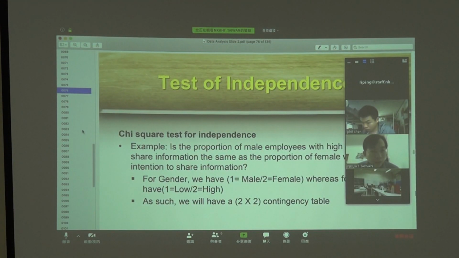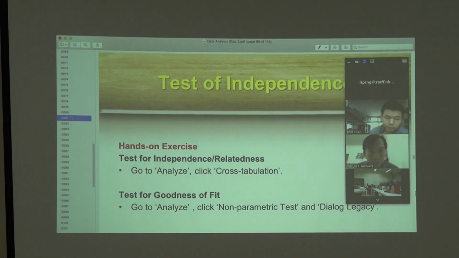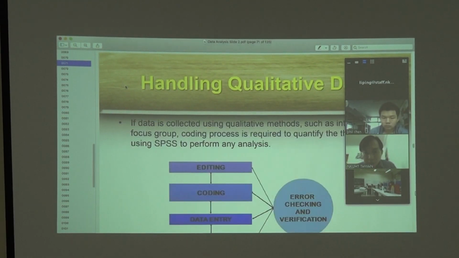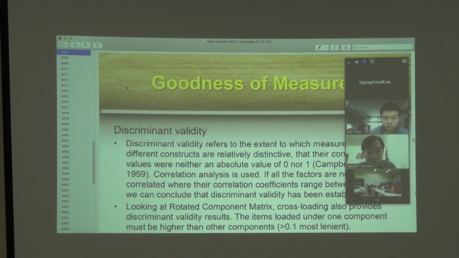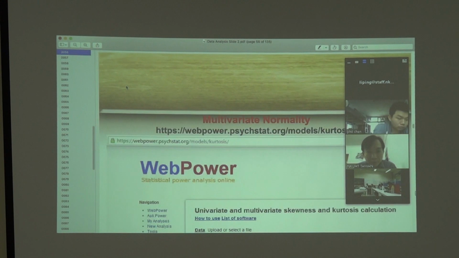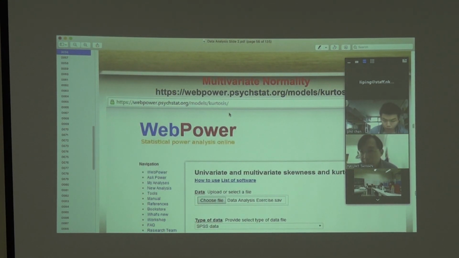If not, you can look at the screen. Okay. I hope you. Okay. Can you see web power? Phil, can you see web power? Okay, thank you.